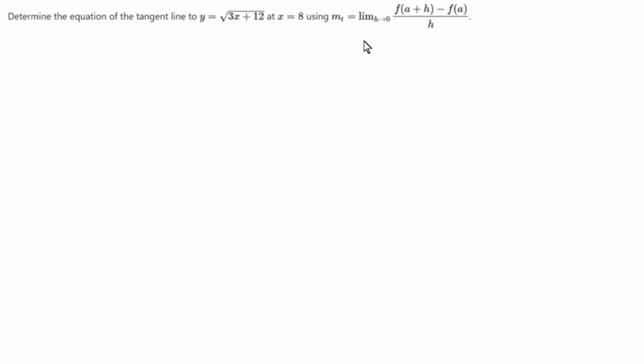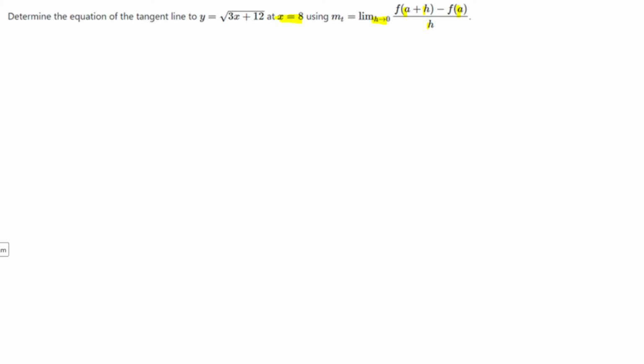In this form, a represents the x-coordinate of the tangent line, and h represents the displacement from the x-coordinate of the tangent line, as we're moving the secant closer and closer to the tangent line. So as h goes to 0, that secant becomes the tangent line when h reaches 0.